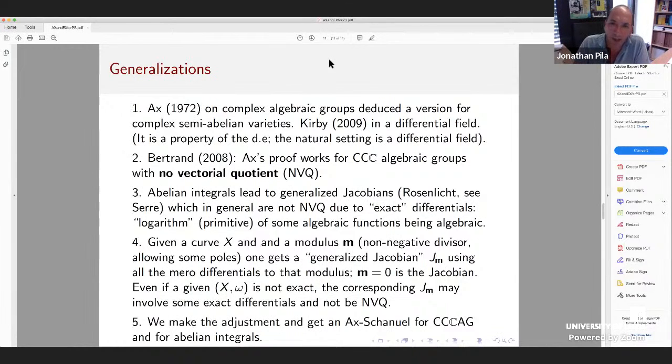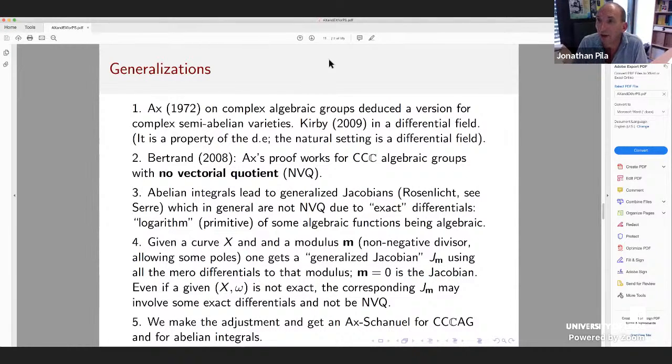But it's actually quite easy to make the adjustment, because essentially, if you have a particular modulus, you'll have a certain number of exact differentials to that modulus, differentials whose primitive is an algebraic function. So the corresponding generalized logarithm is an algebraic function.